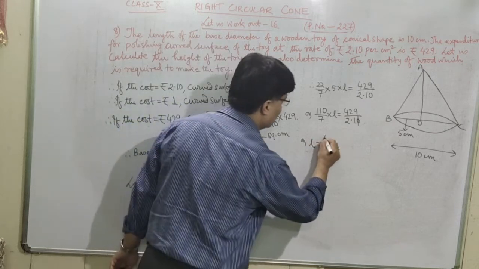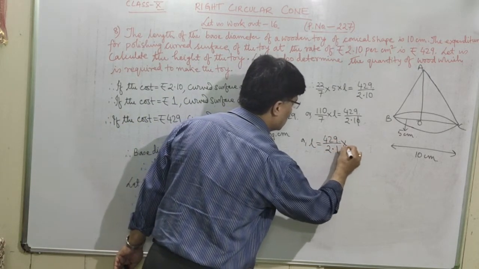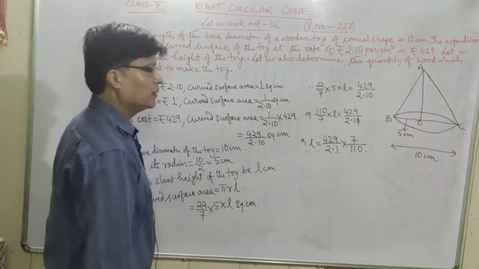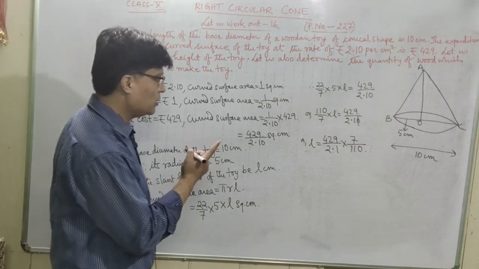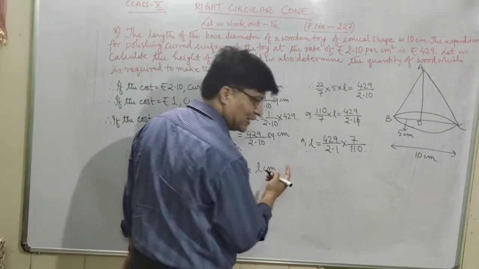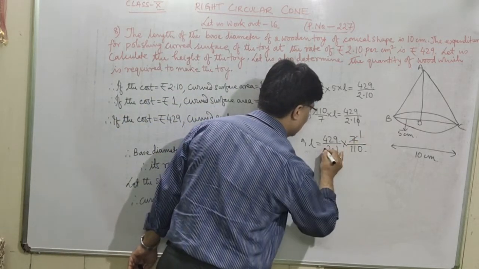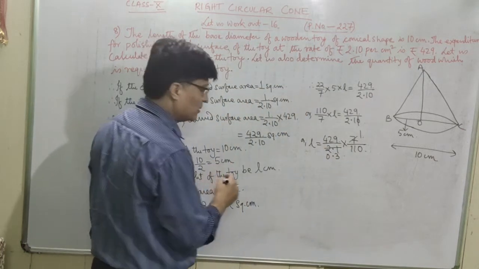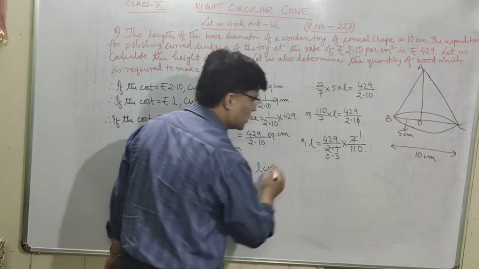So L is equal to 429 divided by 2.1 into 7 by 110. So it becomes 7 by 110, right? So 7 ones are 7, 7 3s are 21.